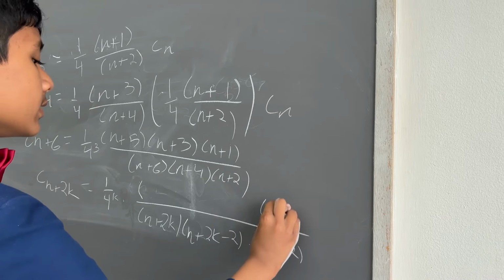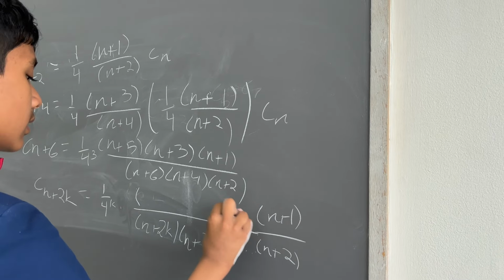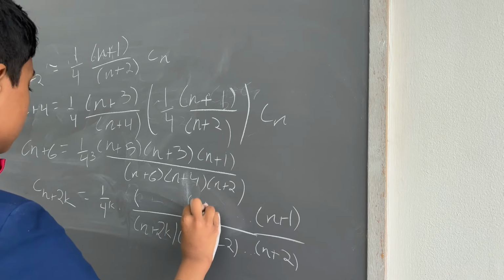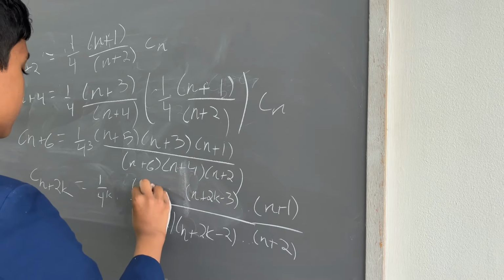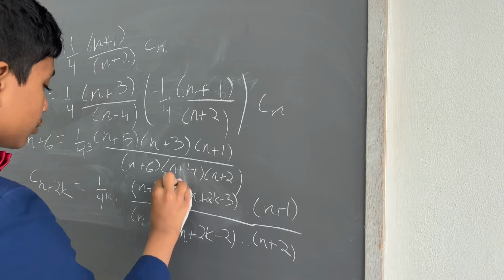And on the top, meanwhile, we have n plus 1, dot dot dot, n plus 2k minus 3, n plus 2k minus 1.